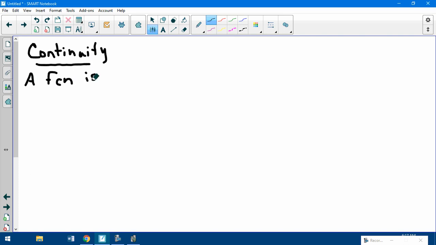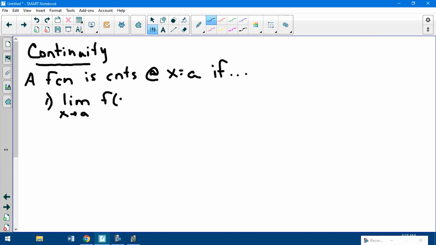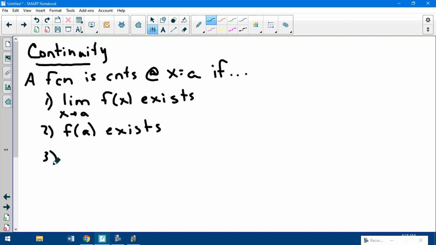A function is continuous at x equals a if the limit as x approaches a of f of x exists, and the function at a, f of a, exists. Anyone remember the third qualification? Those two things have to be equal. The limit as x goes to a of f of x has to be f of a.